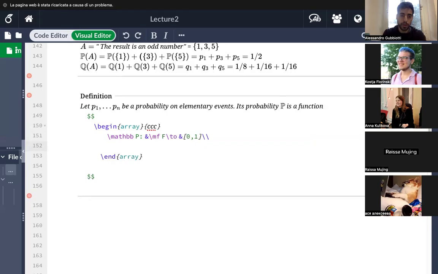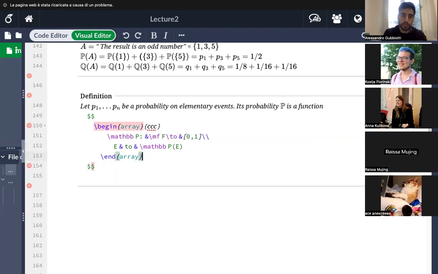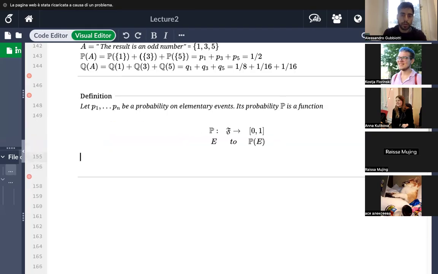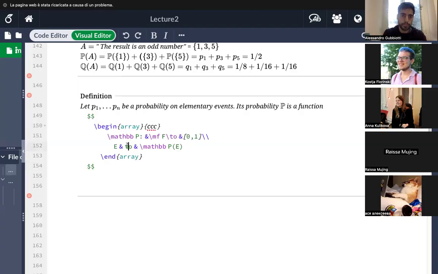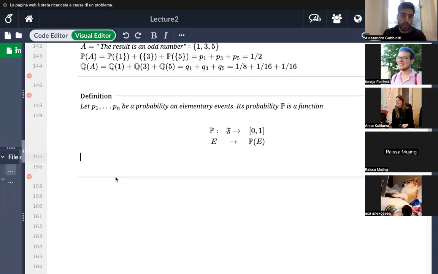From an event E, it gives you a number, the probability of E, defined by the following formula.